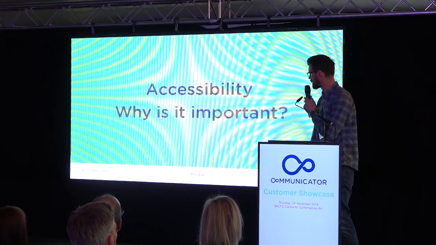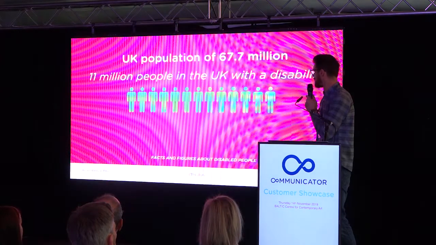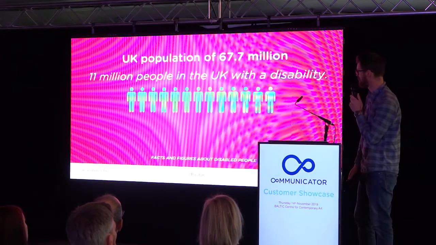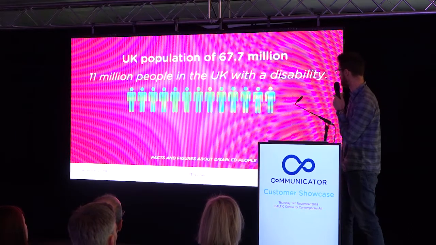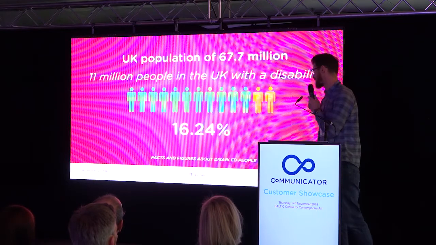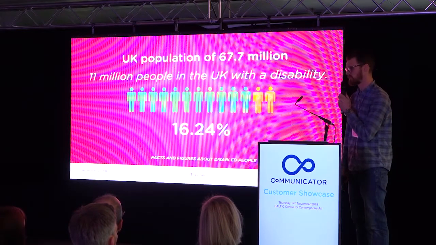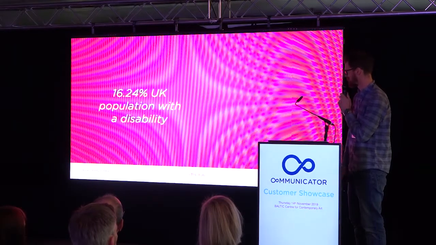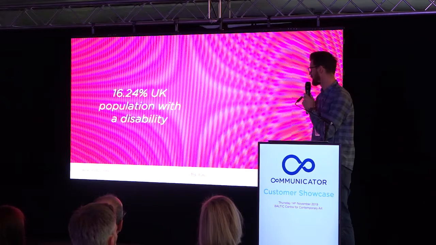So why is it important? The UK's got a population of almost 70 million, and 11 million people in the UK have a disability, which is 16.24% of the population.